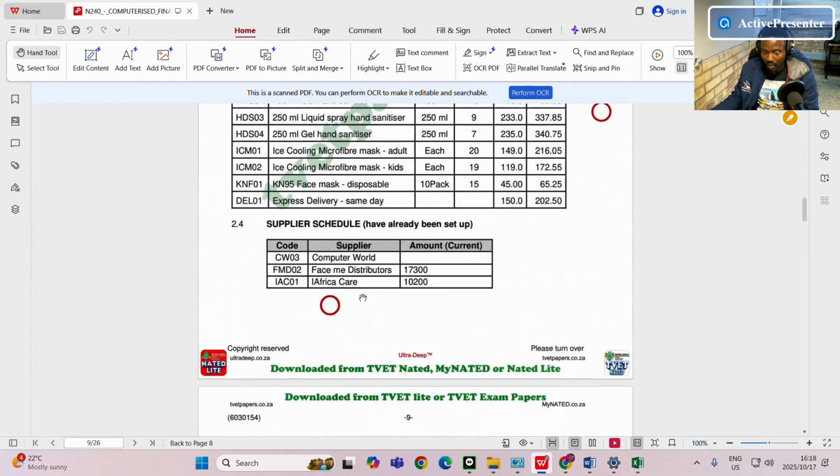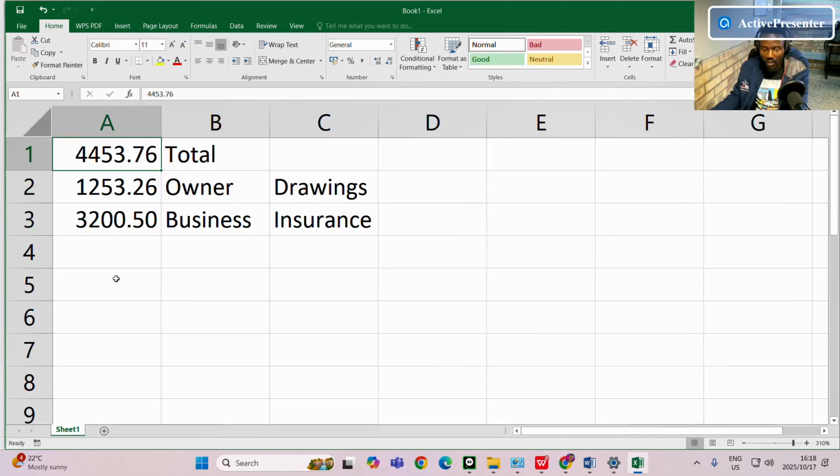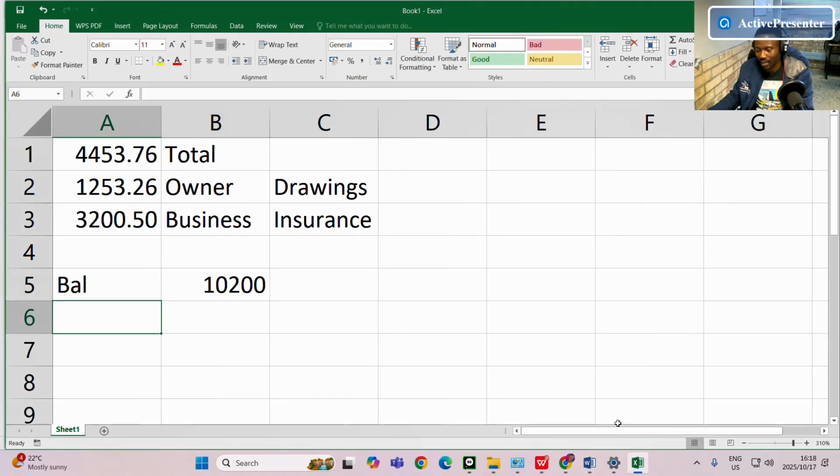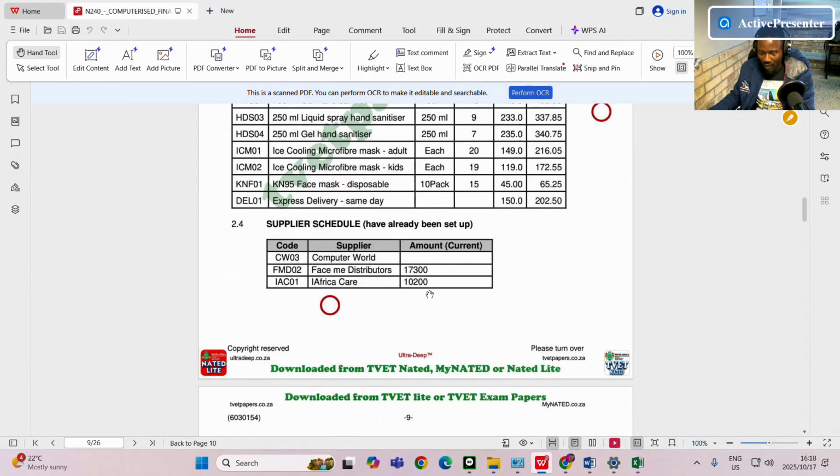Okay, these are customers. Here's the suppliers, and it says iAfrica Care. So we owe iAfrica Care 10,200. Sorry, it's not 2,000, it's 10,200. Then we actually made a payment.